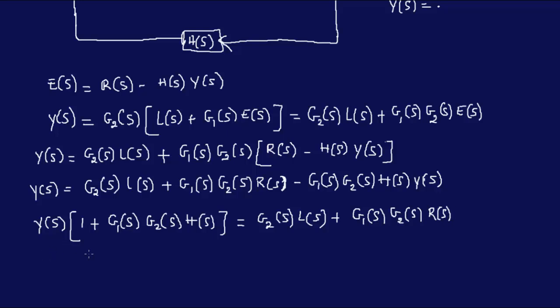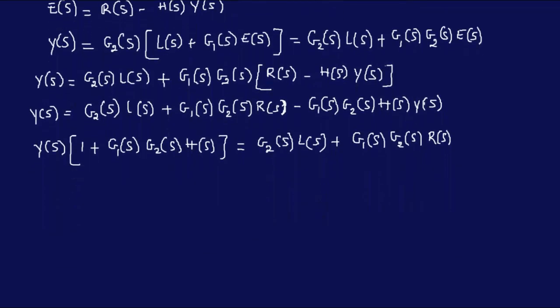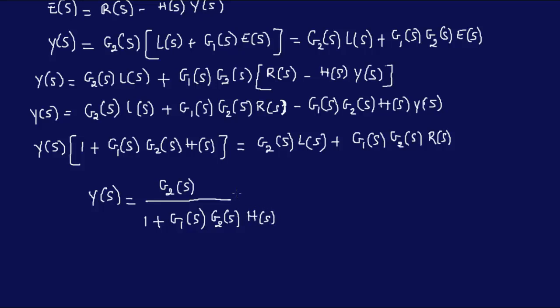Now since we need Y of S, we can just divide by that. I'll bring this back up again. Clearly you can see that Y of S is this thing over here divided by that. So I have G2 of S, L of S, but I'll put L of S in the middle, plus G1 of S, G2 of S, H of S, L of S, right?